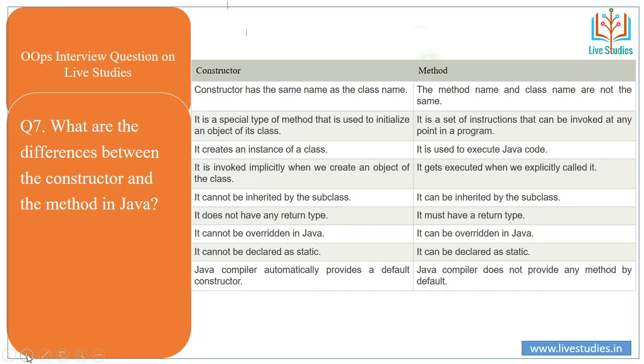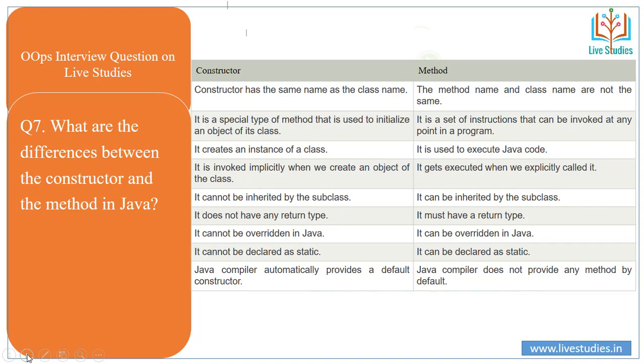A constructor creates an instance of the class, whereas a method is used to execute Java code. Another difference is that a constructor is invoked implicitly when we create an object of the class, but a method gets executed when we explicitly call it. Another difference is that a constructor cannot be inherited by the subclass, but a method can be inherited by the subclass.